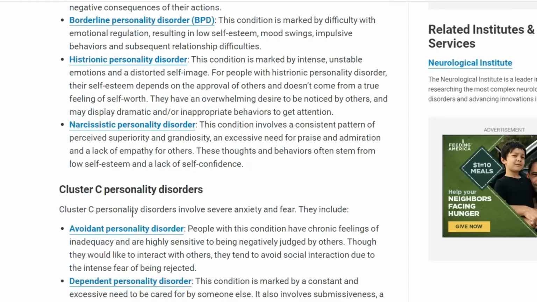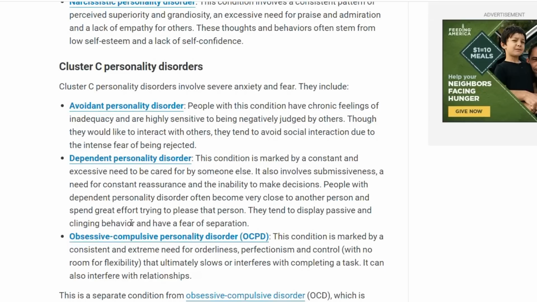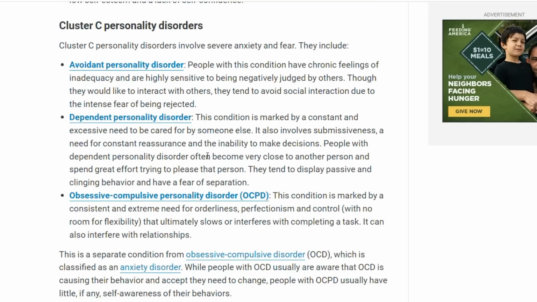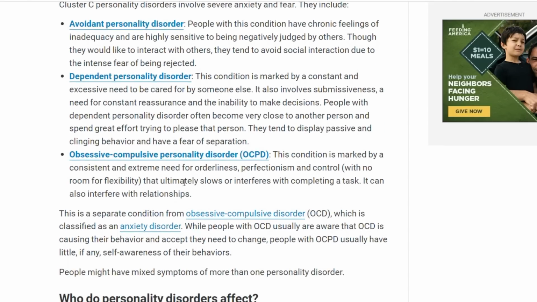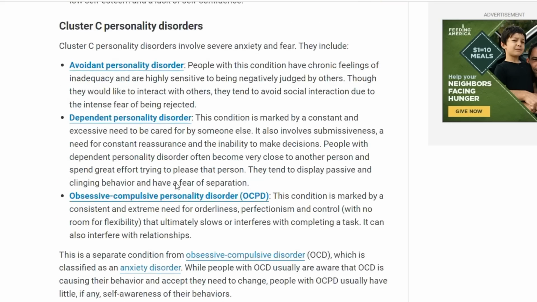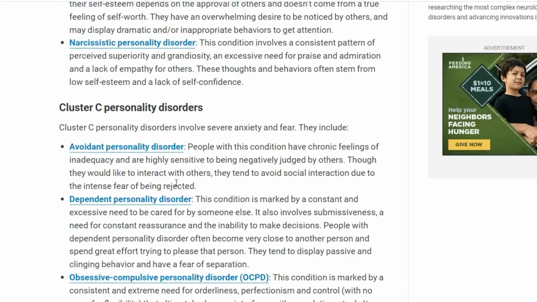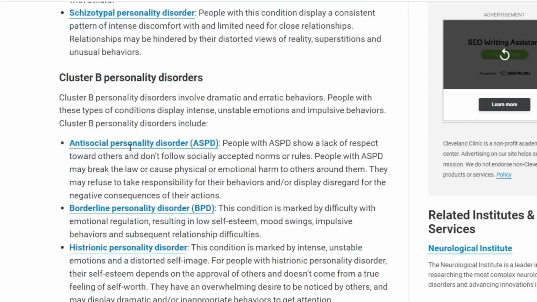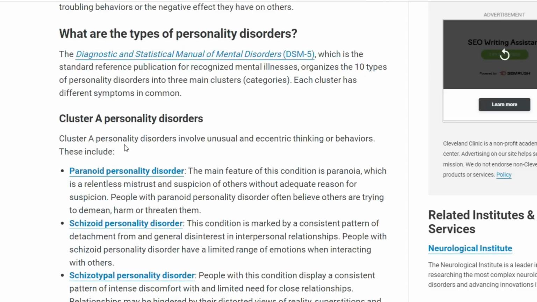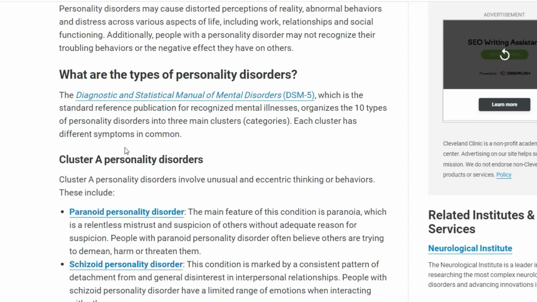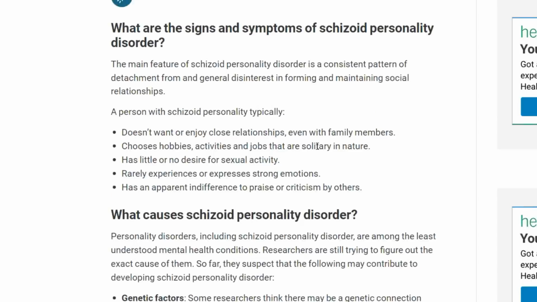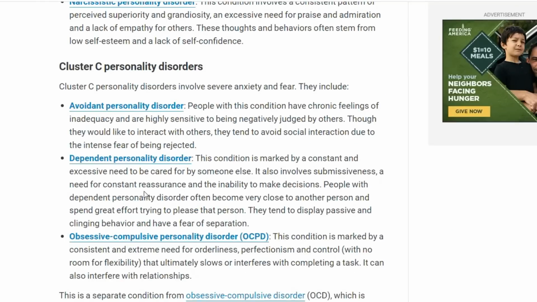So cluster B, let's see what cluster C. No. I would say more, yeah, cluster B. Yeah, more cluster B. Cluster A or cluster B. Even though I know he said supposedly he has OCD, it came out.